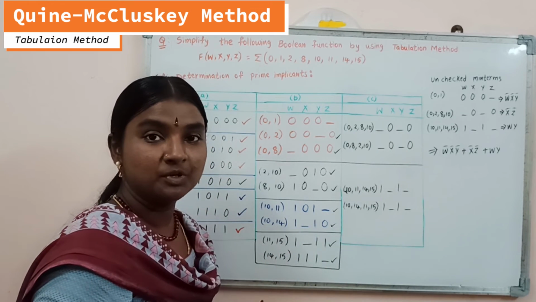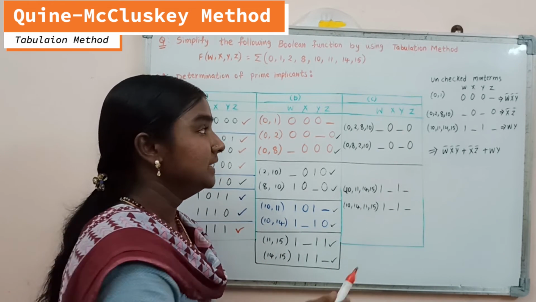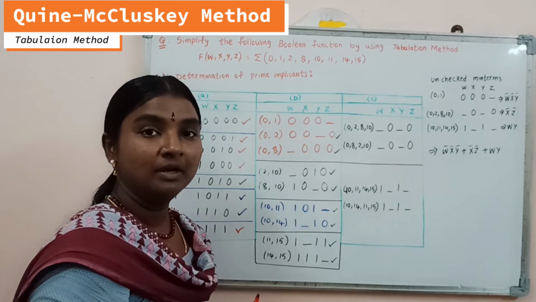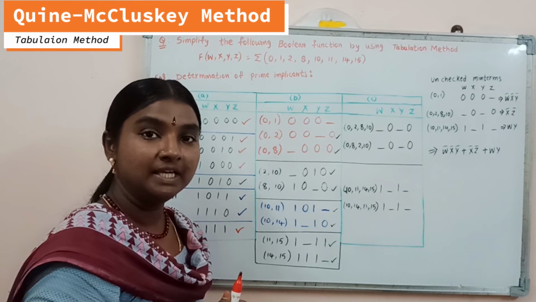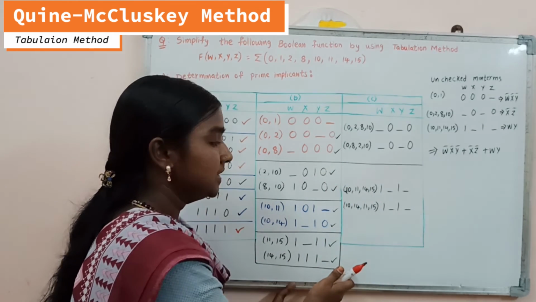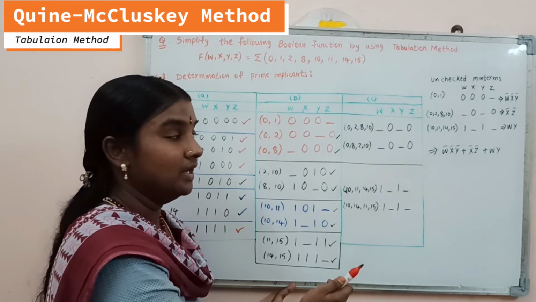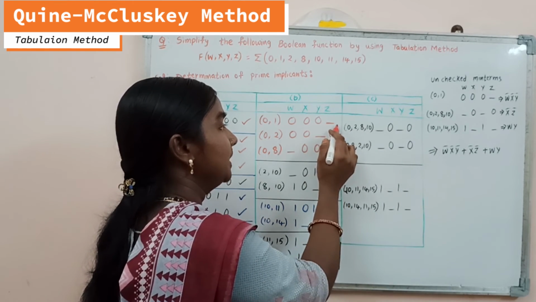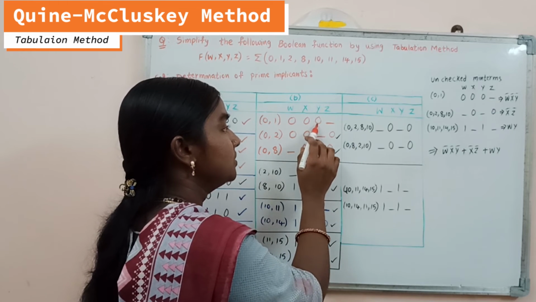Following this procedure, we need to find the different combinations in column C. When we are comparing each minterm, we need to keep a tick mark like this. If we observe this prime implicant table, we have some combinations that are not ticked, like 0 0 0 dash.